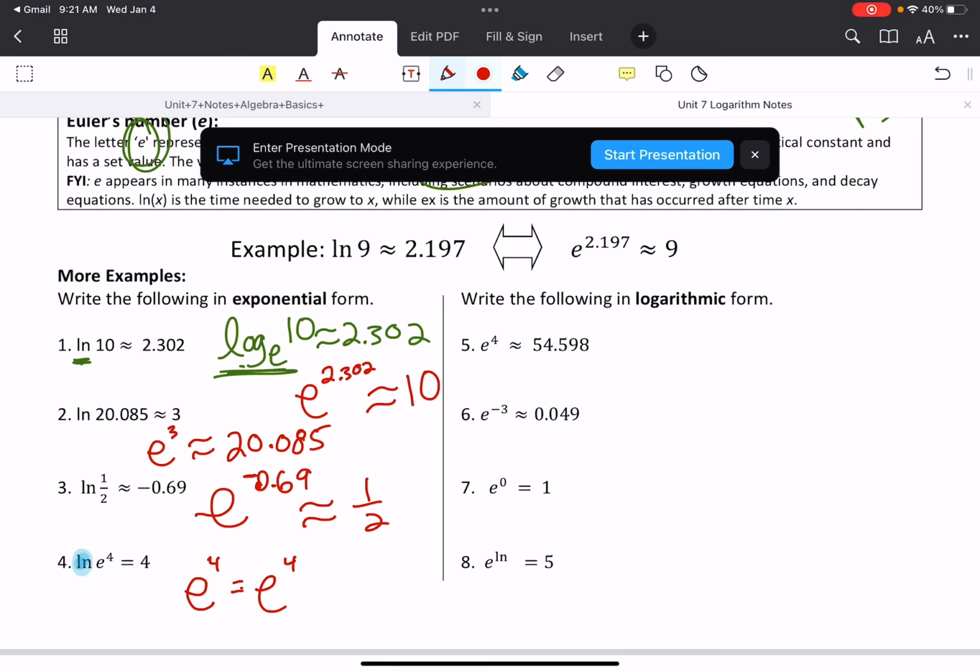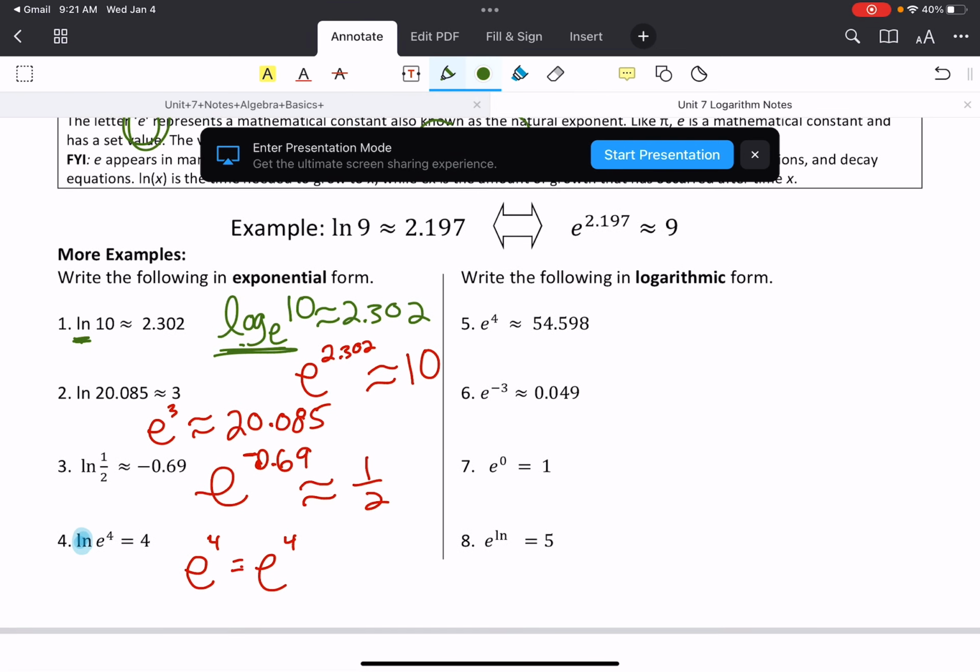Let's try a couple the other way. Okay, I'm going to do one the long way. So if I do it like the other pages, that would be log base E of 54.598 is about 4, still equal to my exponent.